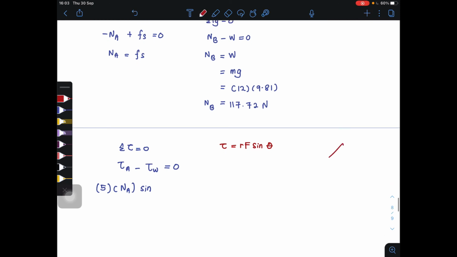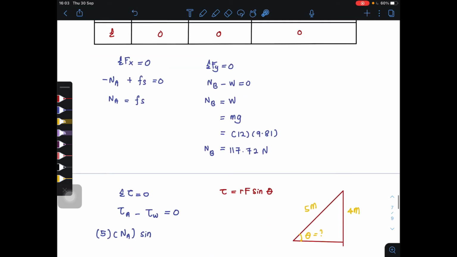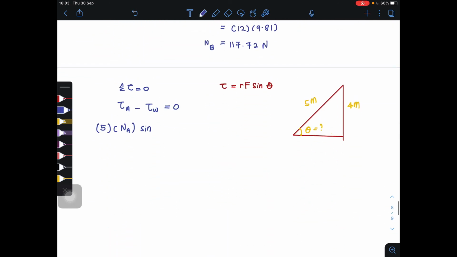So kita ada, this is the triangle. So what we want is the angle here. And then kita tahu this one is 5 meter, this one adalah 4 meter. So kita boleh gunakan sin theta is equal to 4 divided by 5.